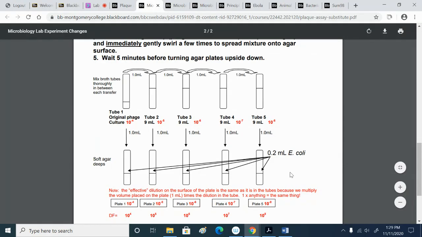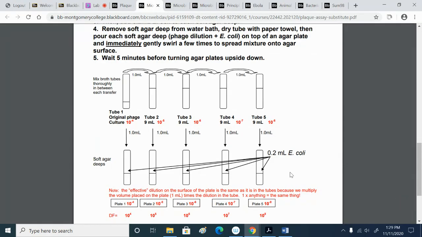Because remember, the purpose of the soft agar is just to mix the phage and E. coli together. And so 0.2 milliliters, you guys probably haven't been able to get much experience pipetting. It's analogous: 0.1 milliliter is approximately 1 drop. So if you added 2 drops, that would be 0.2 milliliters.